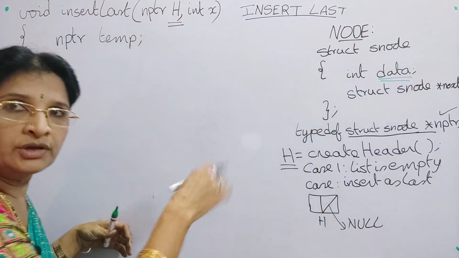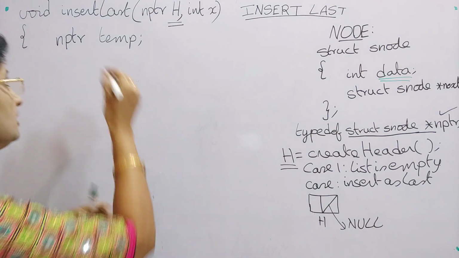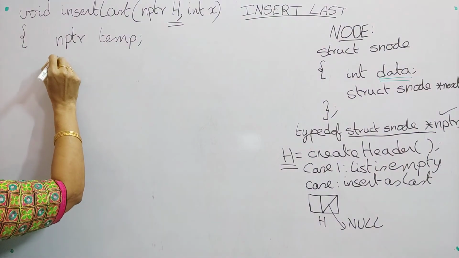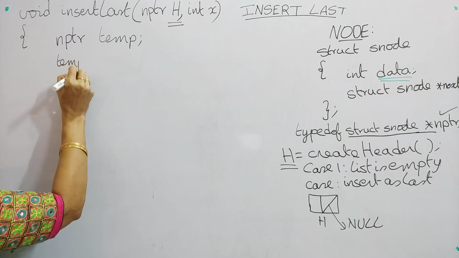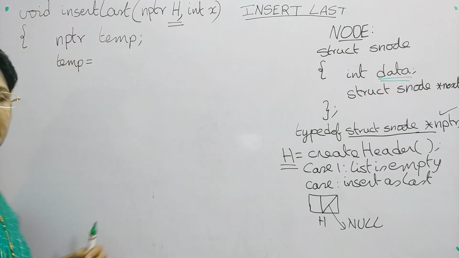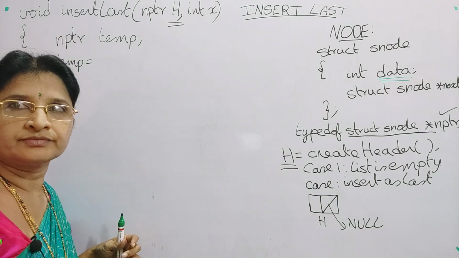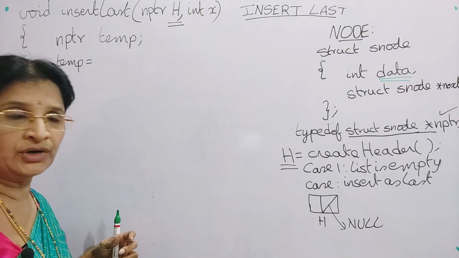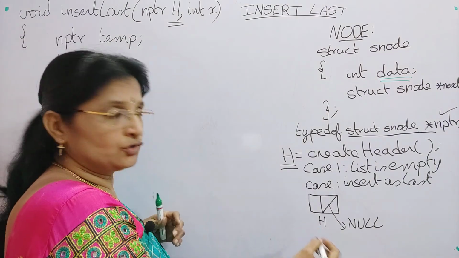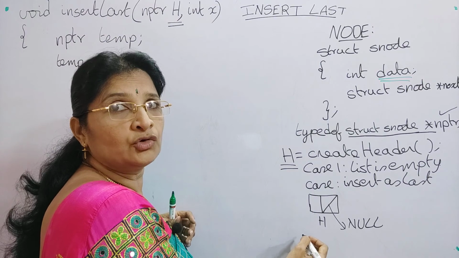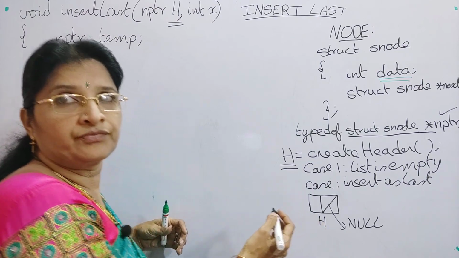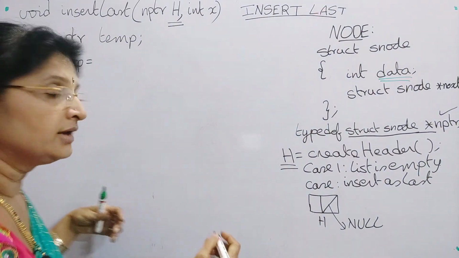So, in order to do my processing, next I will give temp the first node address. Where will you have the first node address? You will have it in h next.